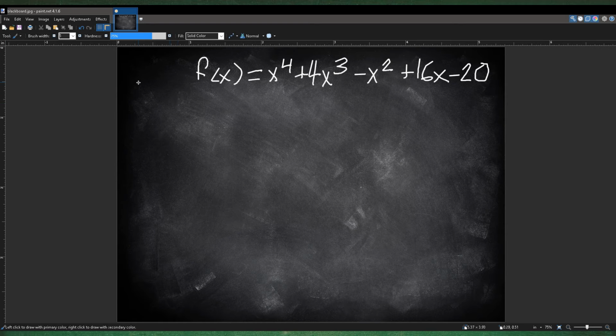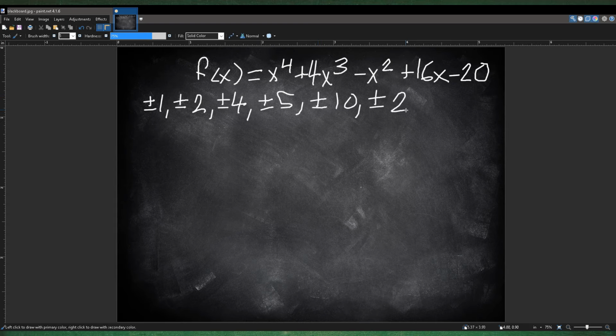The possible factors are plus or minus 1, plus or minus 2, plus or minus 4, plus or minus 5, plus or minus 10, and plus or minus 20, which I think is all of it.